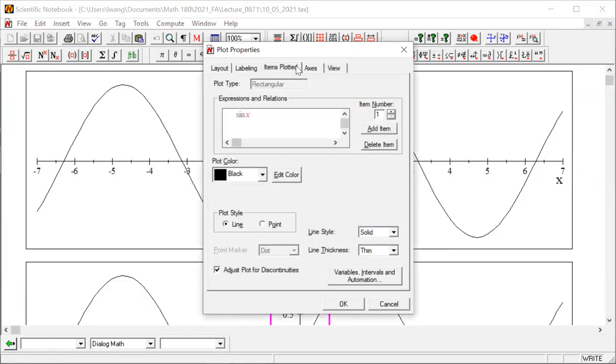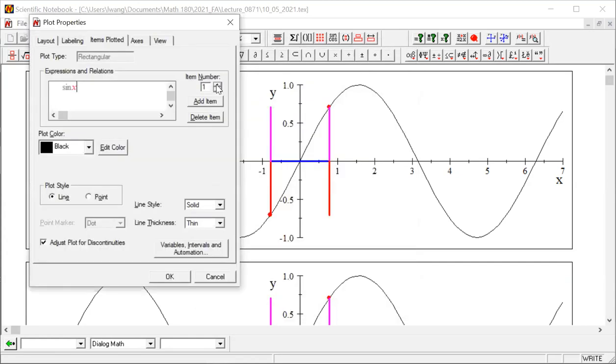Okay, so first I'm going to remove a couple of things. I'm going to remove one of the purples, negative pi over 4. So I'm going to remove that red. I'm going to remove that.